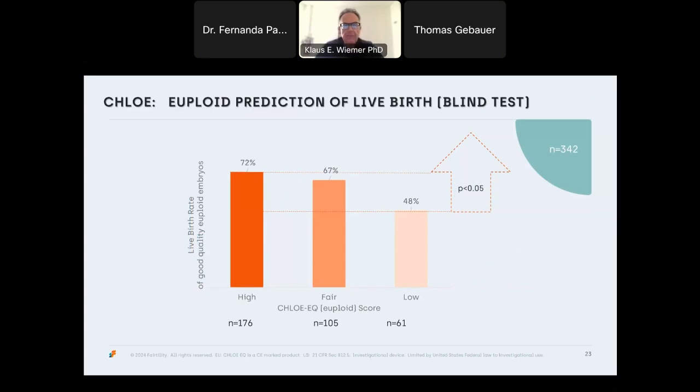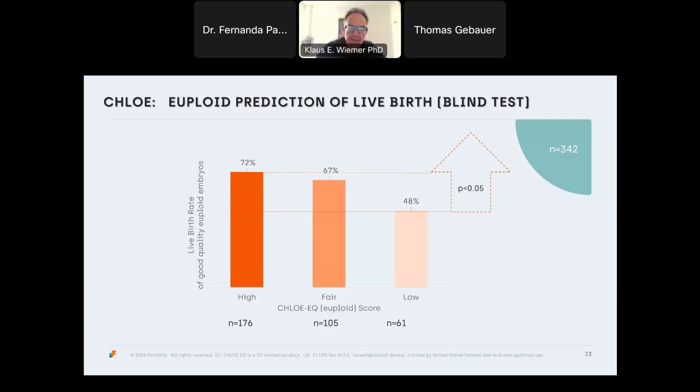And if we look at prediction of live births using blinded assays, we found, and this was again in an IVF clinic in the United States, that when the embryologists were blinded to the embryo quality score and just selected purely based on morphology, the pregnancy rates with really high quality euploid embryos that cleaved within the optimal range had a 72% ongoing pregnancy rate compared to 48% for euploid embryos that were high quality, but had developed suboptimally, outside of the optimal ranges.